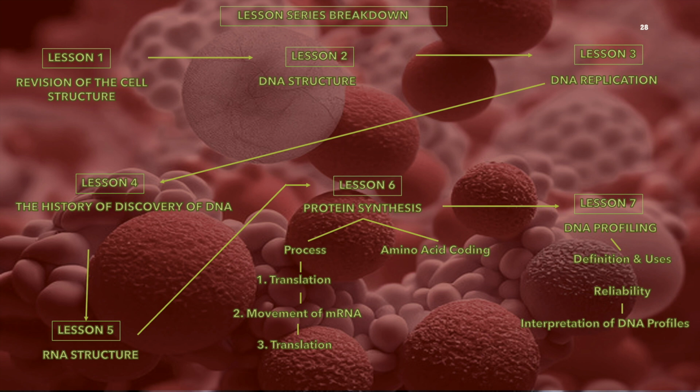And then I'm going to give you skills in order to interpret different DNA profiles in order to determine paternity, determine who the biological father of a said child is. And then lastly, we will be doing a little bit of investigation into forensics, looking at different DNA profiles to determine a possible criminal in a criminal case.